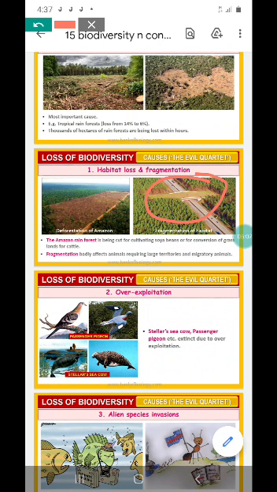We cut roads across mountains, through forest areas, or between the forest, right? So all this will result in land fragmentation, and this is going to disturb the living organisms of that particular ecosystem.